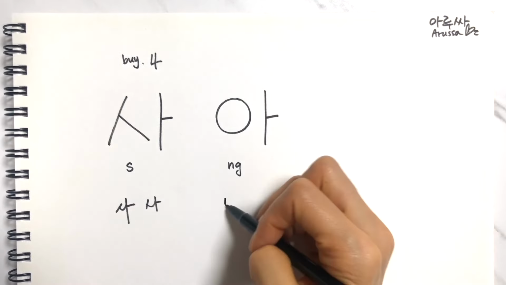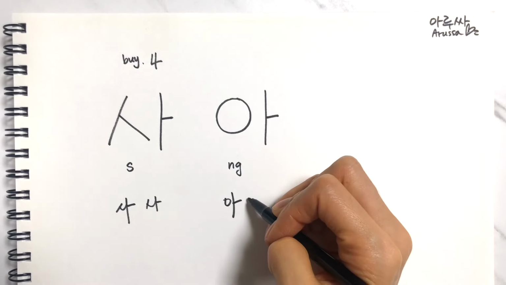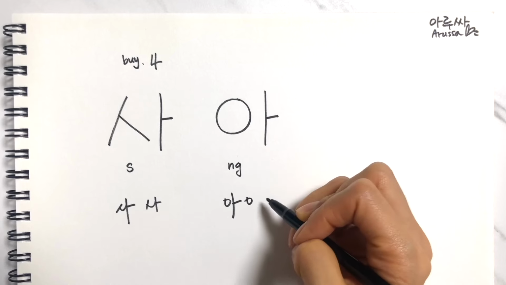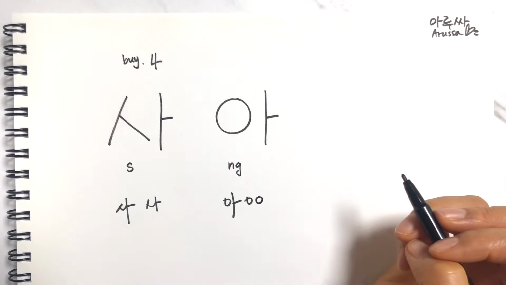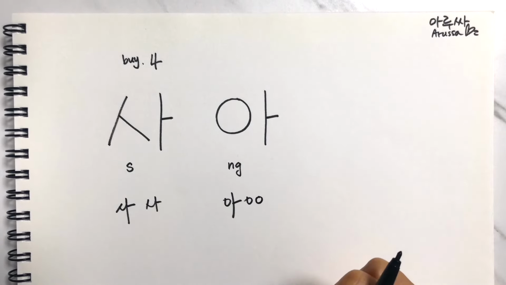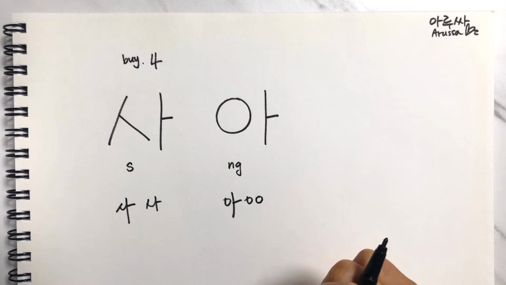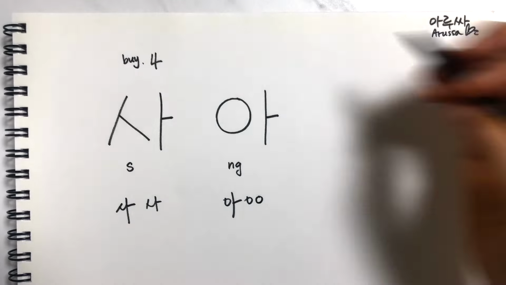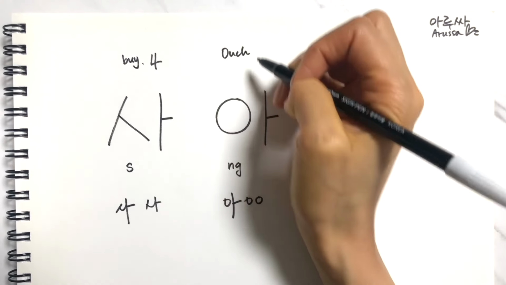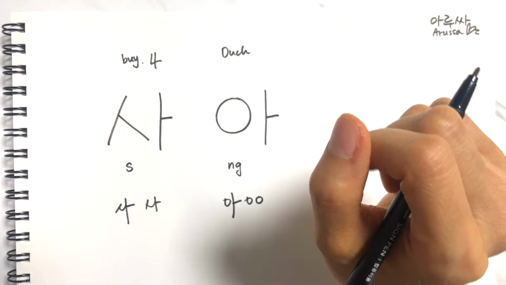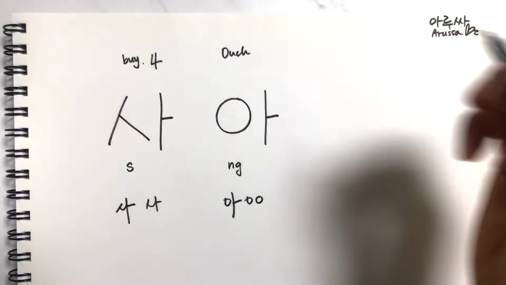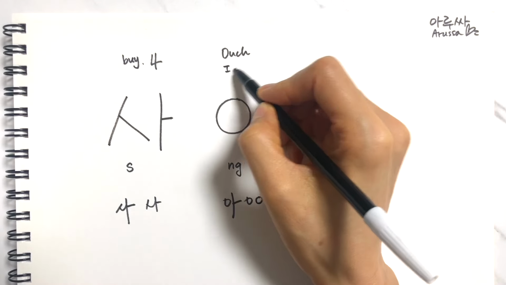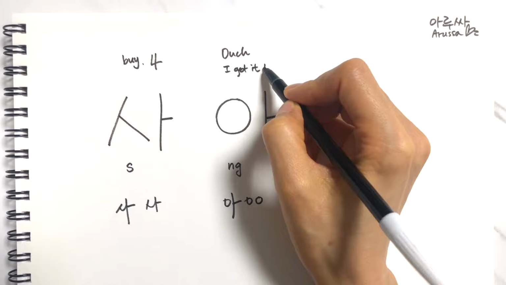A. You can write it this way, or just a round circle, it doesn't matter. And Korean people say 아 for ouch. Or if you drag the sound, it means I get it. You understand it.